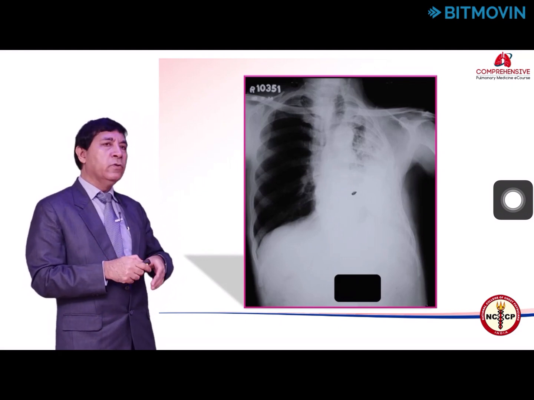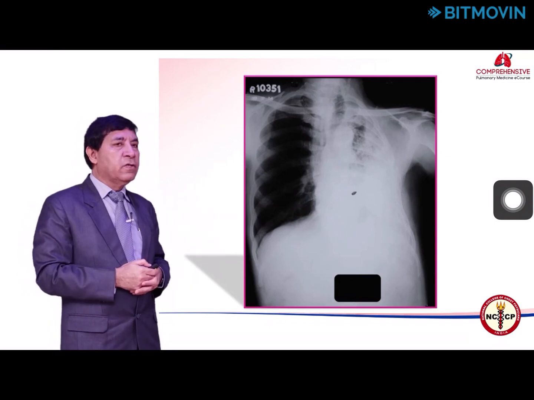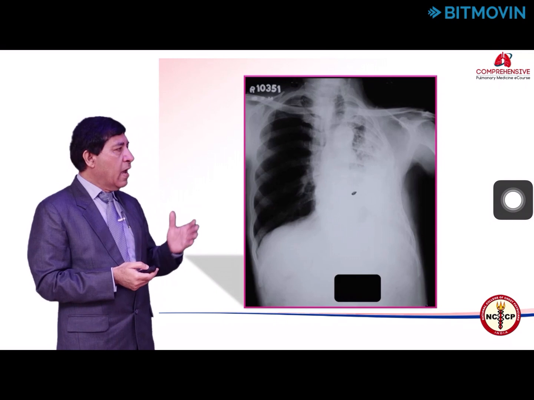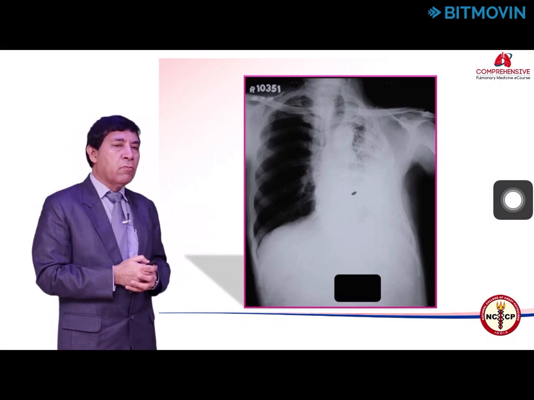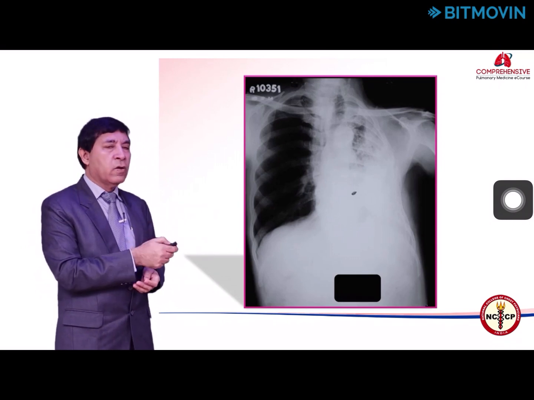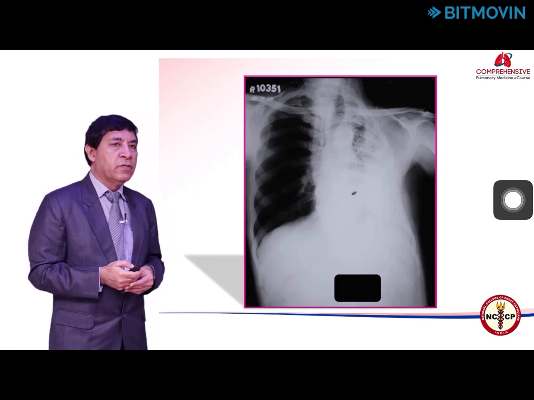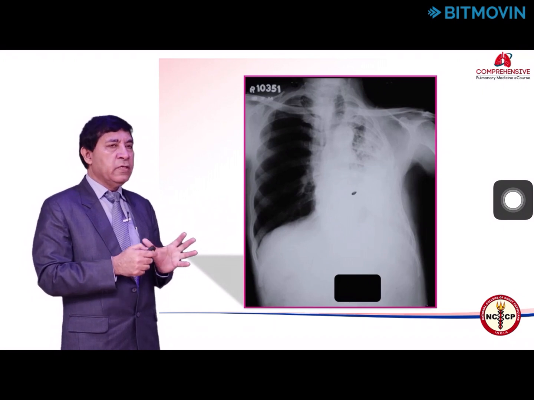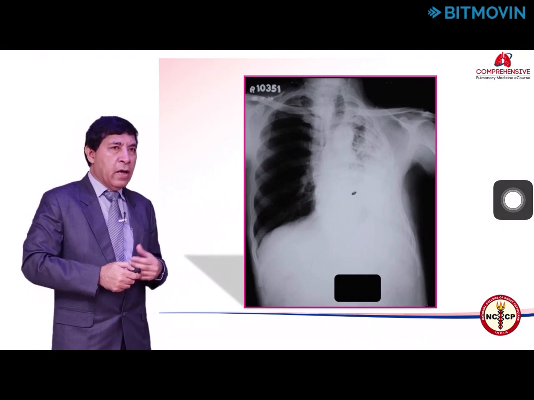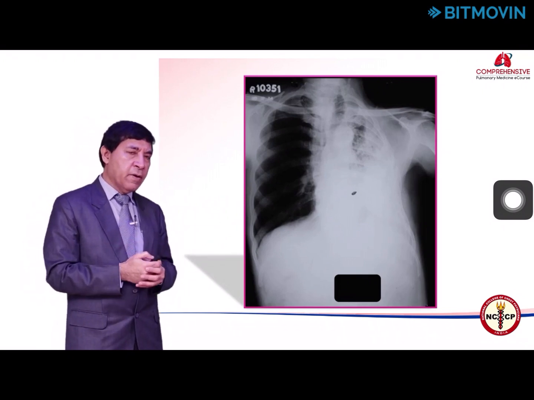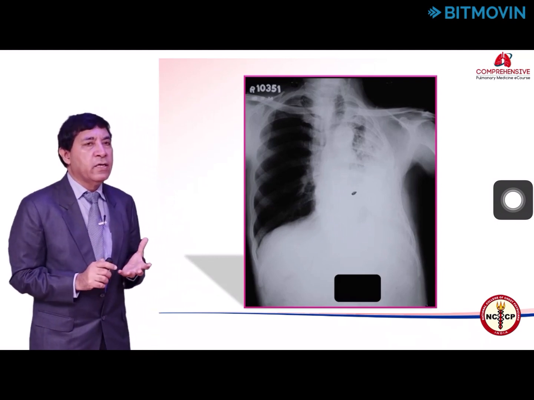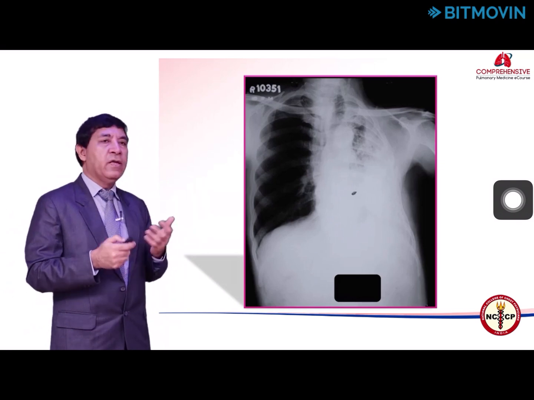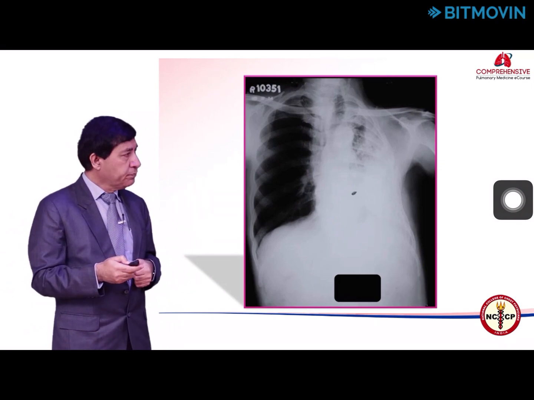So here not only do you see a significant reduction in the size of the hemithorax, but also there is a deformity of the chest wall, as can be seen with marked crowding of the ribs and the loss of contour of the chest on the left side. So these X-rays will give you an idea that when we are clinically examining our patient and looking for the size, how the size is interpreted in various physical diagnosis.